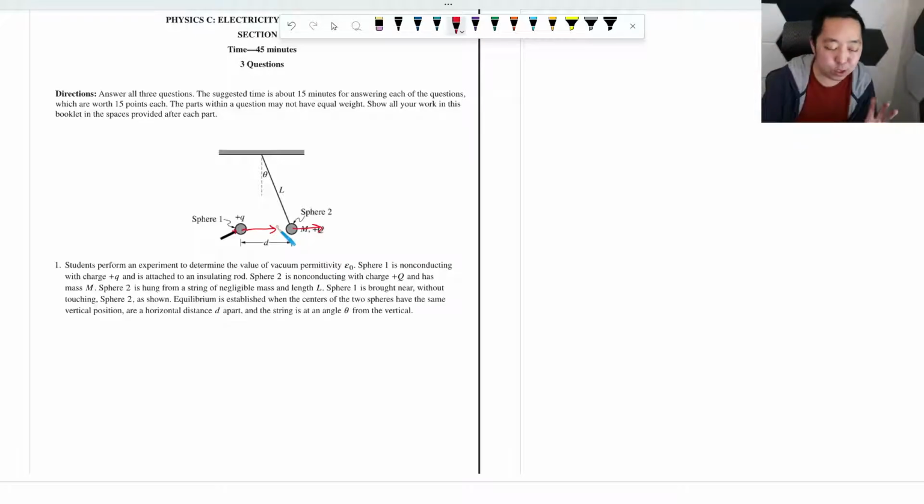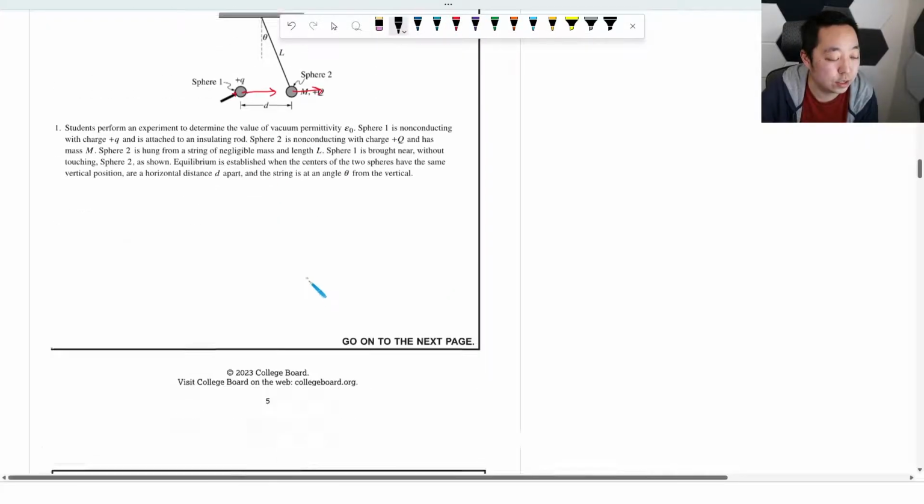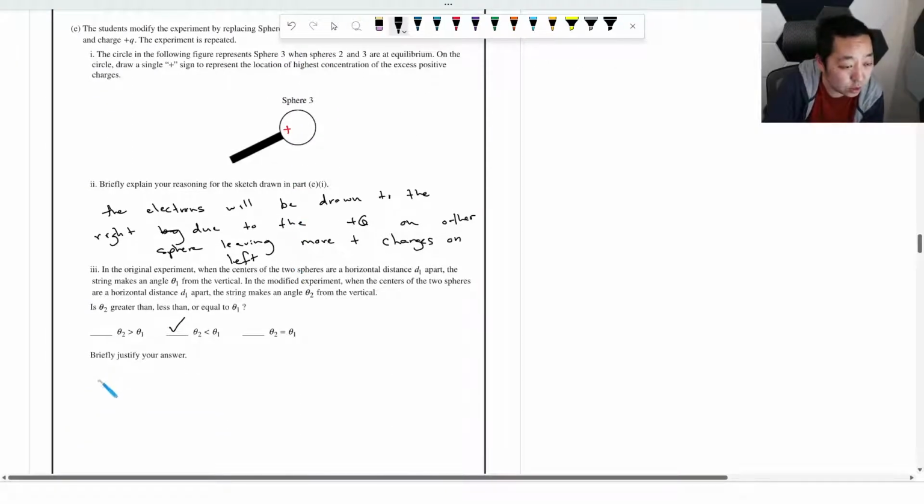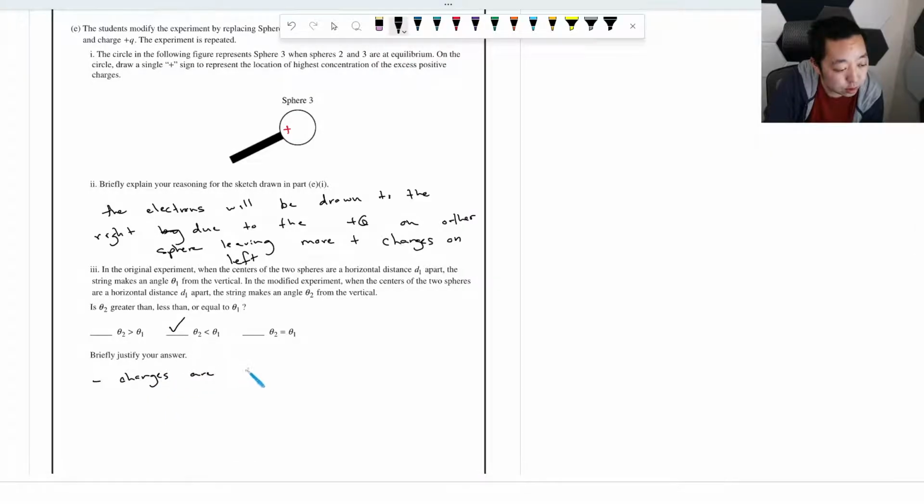So the end result is the electrostatic force is going to be weaker with this conducting sphere, and that's why theta is going to be smaller. So the negative charges are closer, and positive charges are further away, and that results in a weaker electrostatic force.